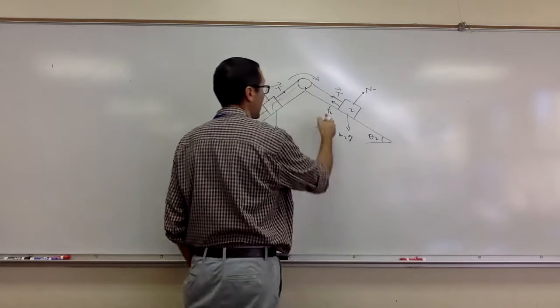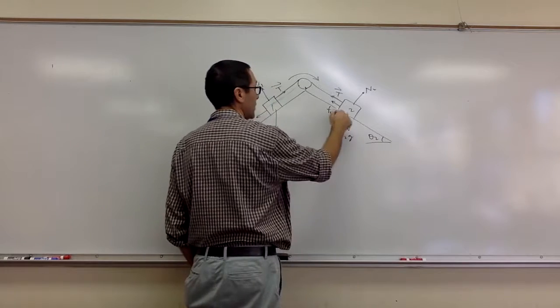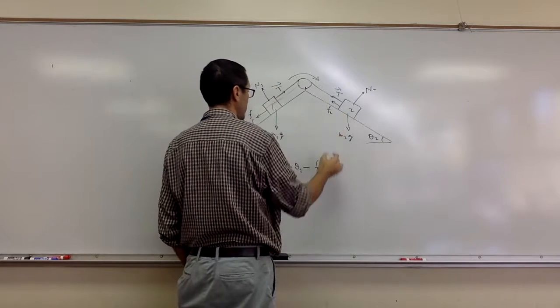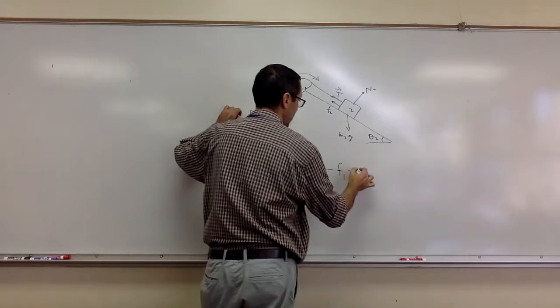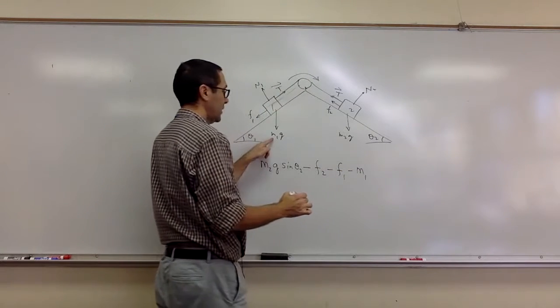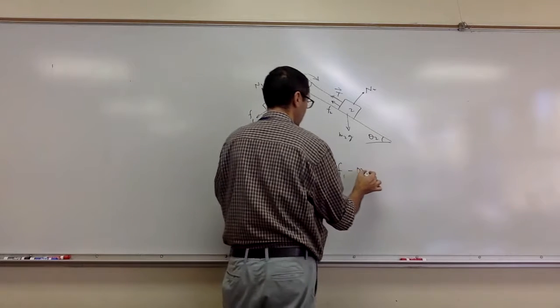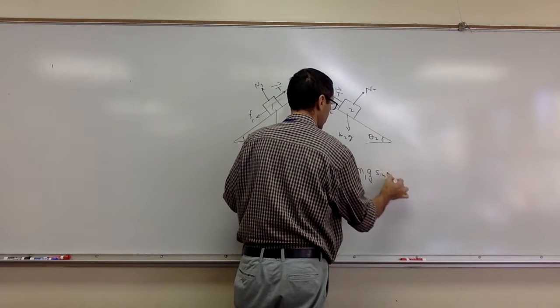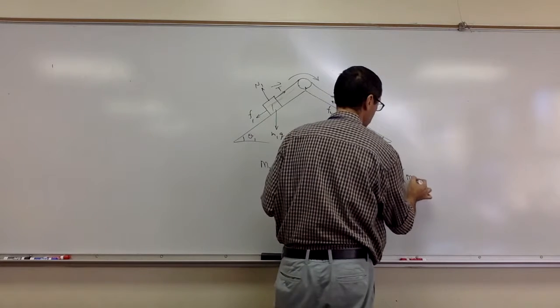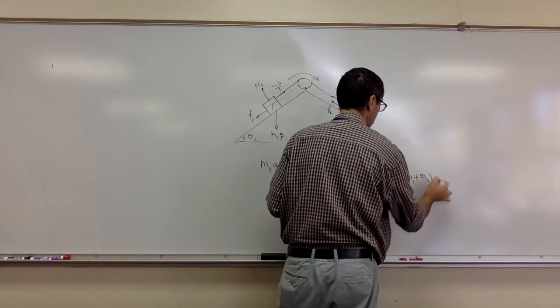What's holding you back is the friction on number 2, and also the friction on number 1, and the parallel component of M1G on the other side. And you're trying to accelerate both objects. Okay?